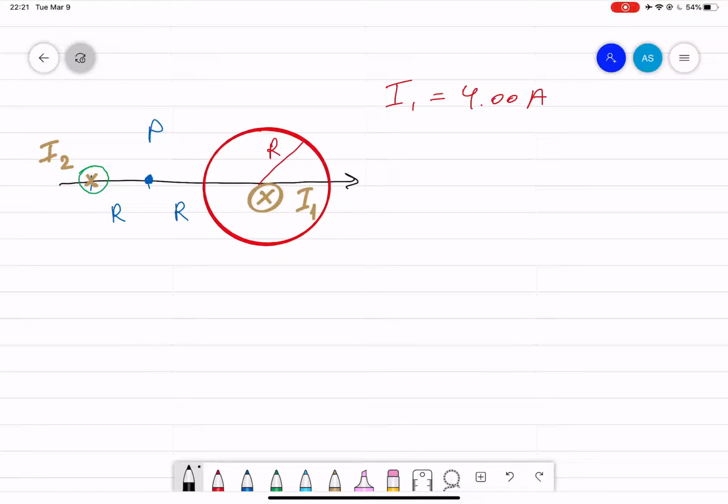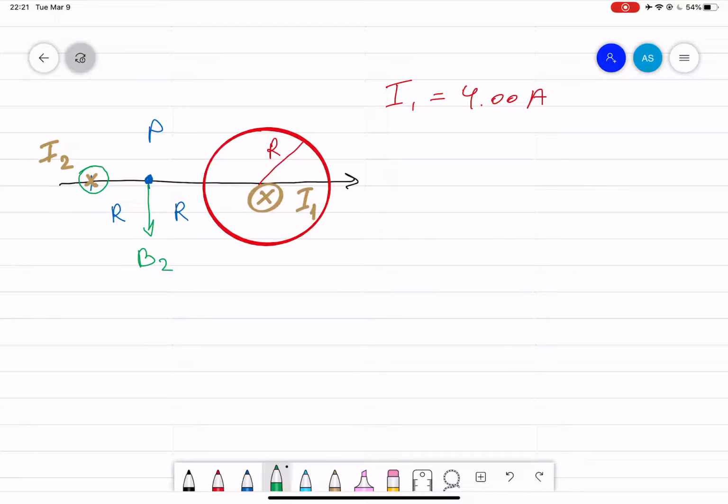Okay, so let's say that current 1 is into the page and current 2 is also into the page. In that case, we know that the magnetic field coming from current 2 at point P will be downwards, so I call it B2.